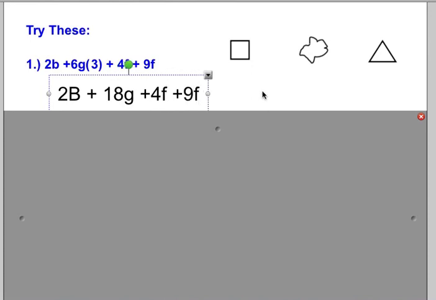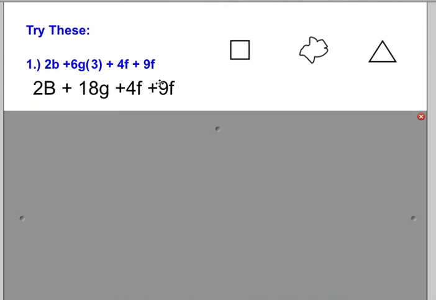And this really isn't a great example to start with, but next step, I want to take all my like terms. So here I have a 2b, and then I have an 18g, so b and g are not similar terms, so I'm going to put a different shape around the 18g.